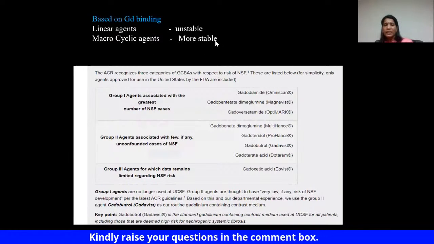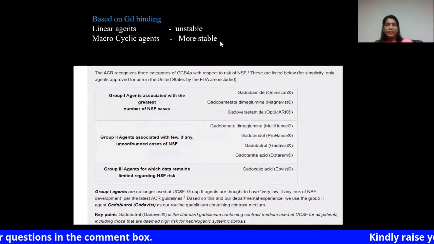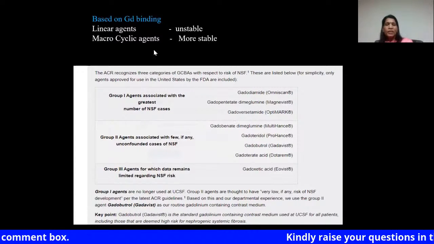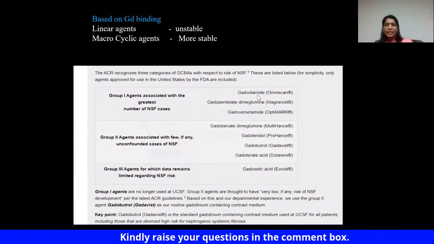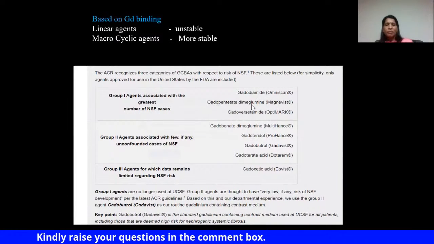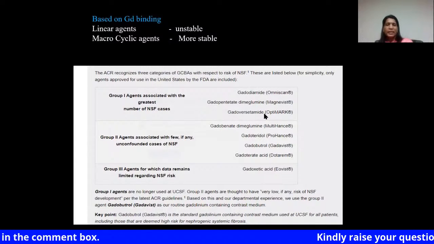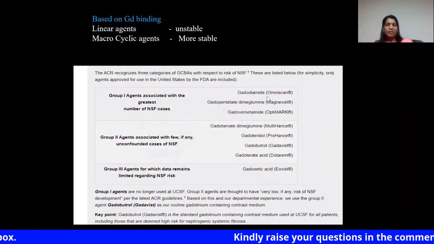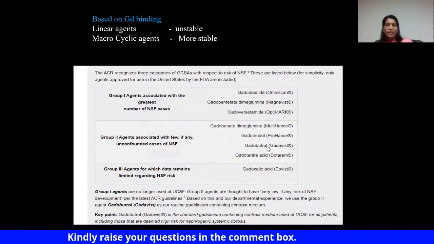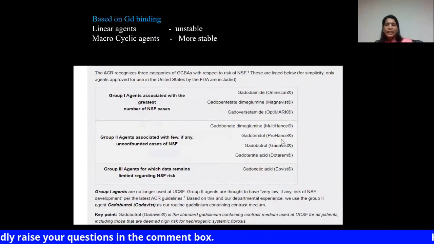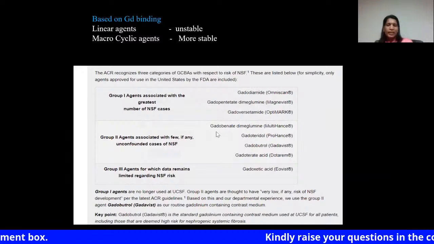In the macrocyclic agents, the gadolinium is well protected and free release does not happen easily. The linear agents are called group 1 agents, that is gadodiamide, gadopentetate dimeglumine, that is Magnevist, and gadoversetamide. These agents have a greater chance of NSF occurrence compared to the macrocyclic agents, that is MultiHance, ProHance, gadobutrol, Dotarem. These are the macrocyclic agents.